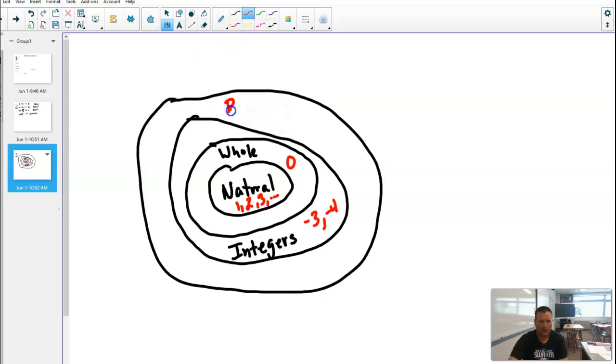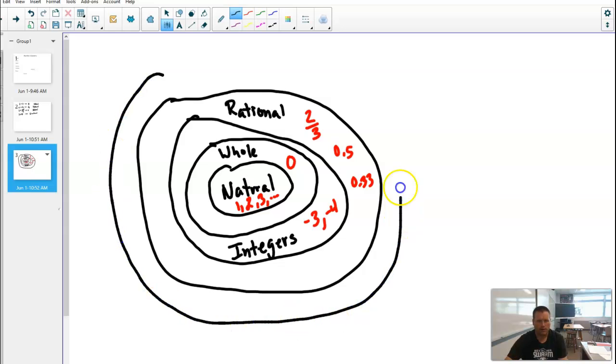These are called rational numbers. Let's make sure we got our colors the right way. So rational numbers include everything inside, and it also includes any fractions, so like 2/3, or 0.5, so 1/2, or 0.33, so 1/3. Any of those are going to be included in there.